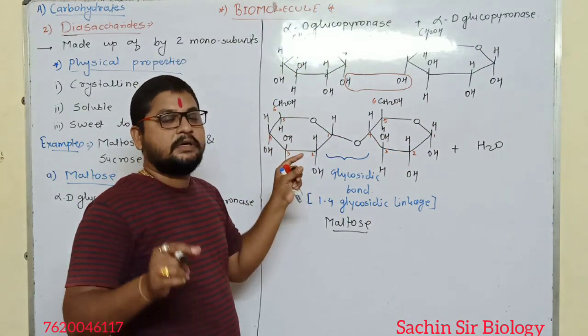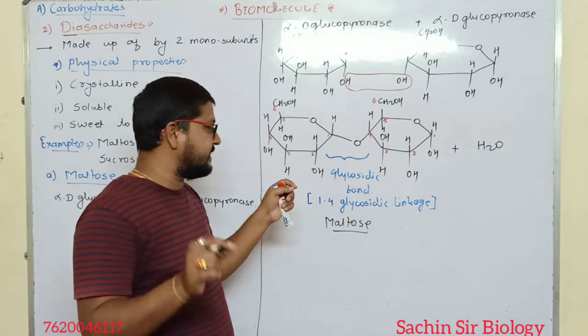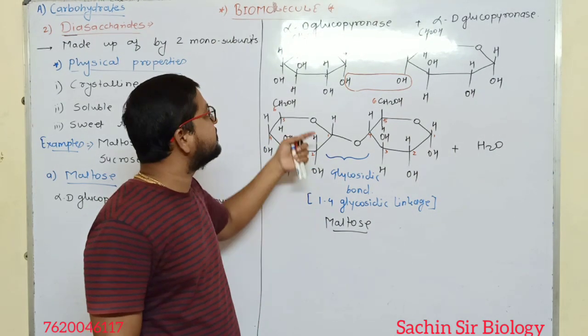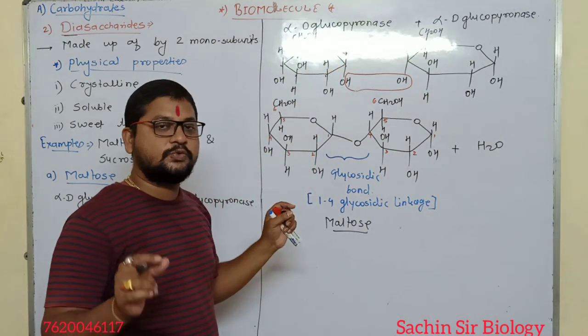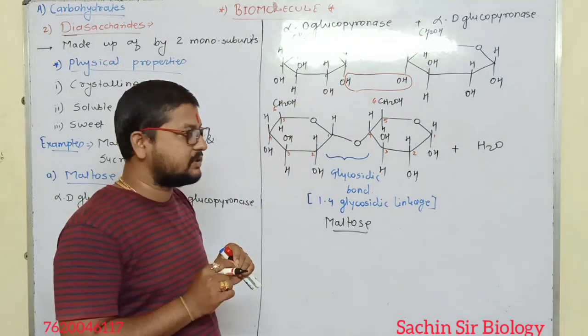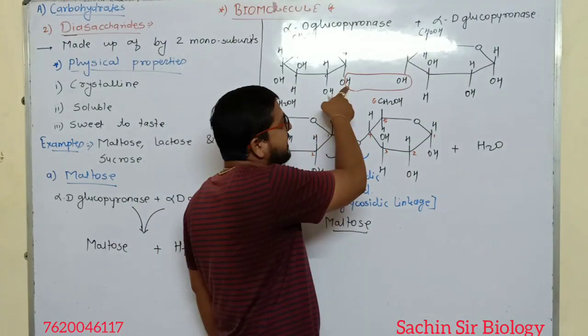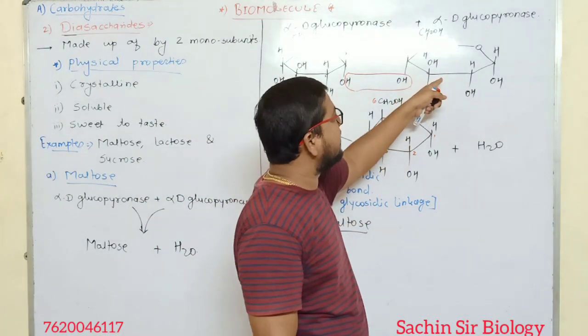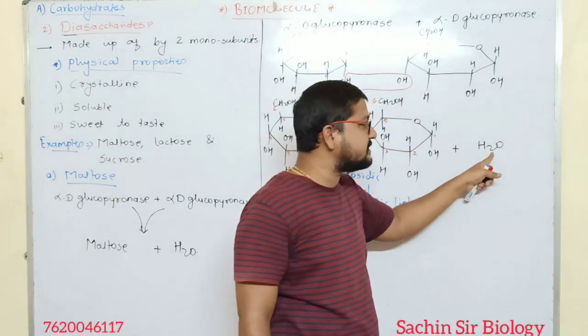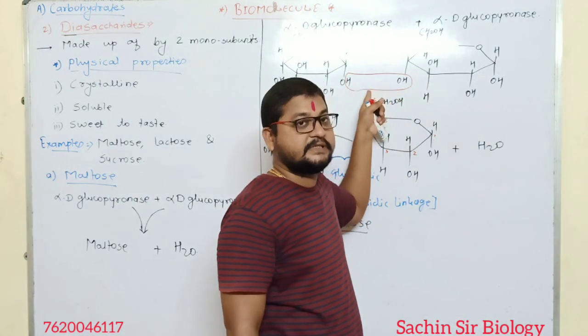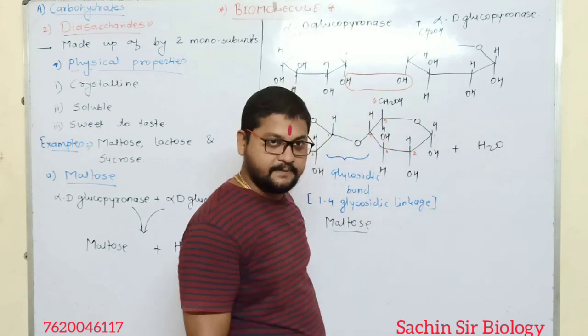How does this disaccharide molecule, for example maltose, get produced from alpha D glucopyranose? When these two subunits come closer to each other, hydrogen is removed from one glucose and the hydroxyl group from another alpha D glucose, together producing water. This process is called dehydration.